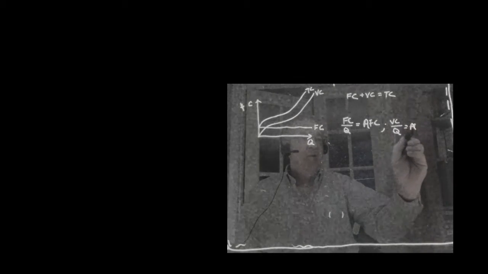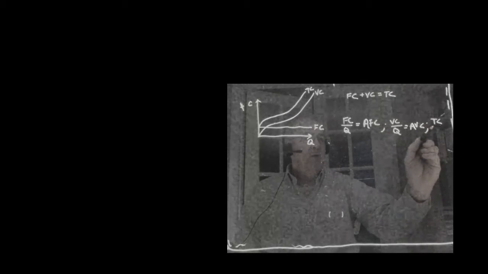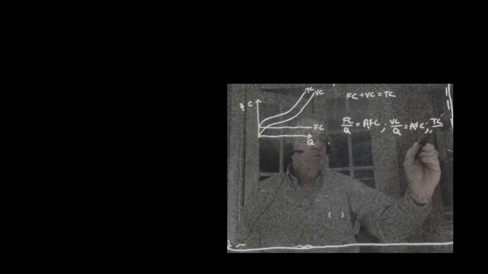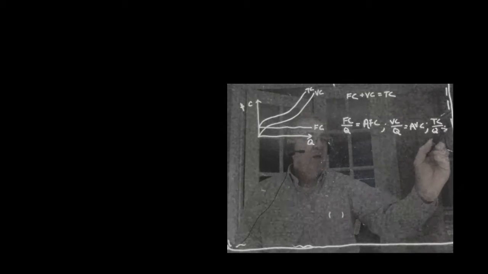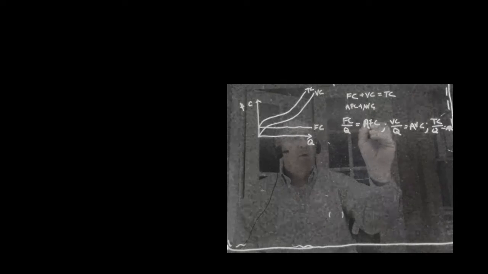And the average total cost is total cost divided by Q, the ATC. Sorry, I'm running off my screen here. And so the average fixed cost plus the average variable cost equals the average total cost.